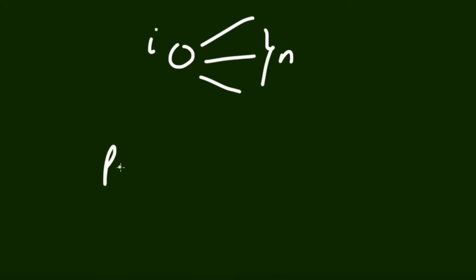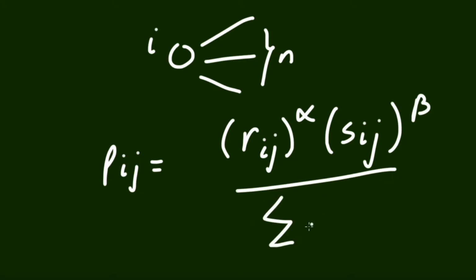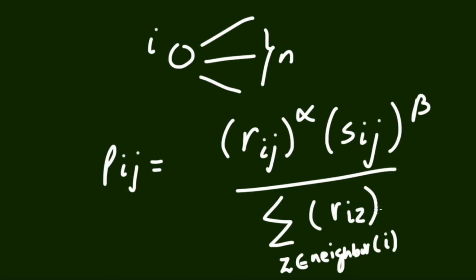The probability that we choose neighbor j is given by P_ij equals R_ij^alpha times S_ij^beta, divided by the sum over all neighbors of i, and basically the same quantity R_ik^alpha times S_ik^beta.